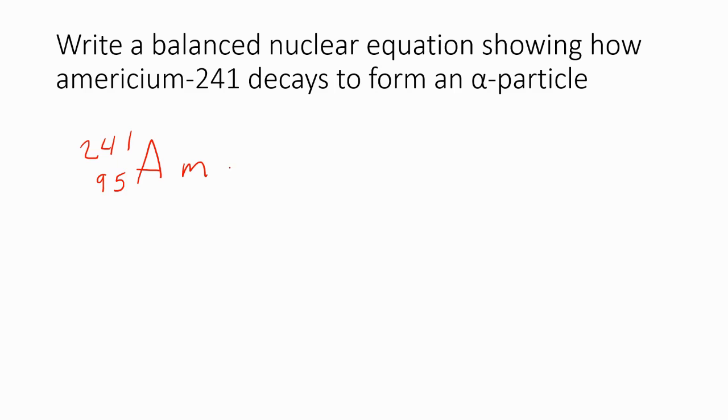Okay, so this decays. Sometimes we could have something adding together. This one's just decaying to form an alpha particle. So what symbol did you use? Did you use alpha or helium? Helium, okay. Either of those will work. So helium, and then what goes on our helium? What's the top number? 4. Good. And what's the bottom number?